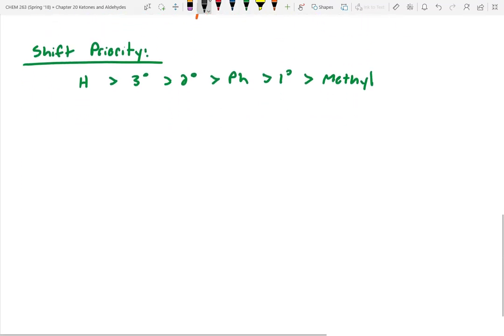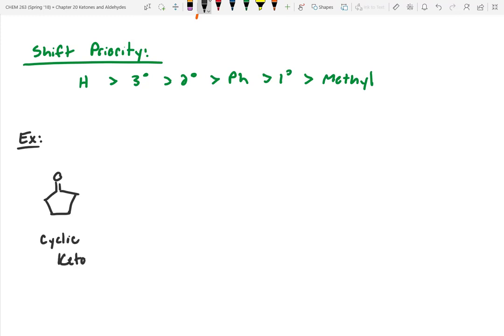All right, so let's take an example. So we've got a cyclic ketone. And if you treat this with RCO3H, that's just the condensed version of a peroxy acid, you're going to end up inserting an oxygen, right? So the oxygen in this case, does it have a preference where it wants to go?